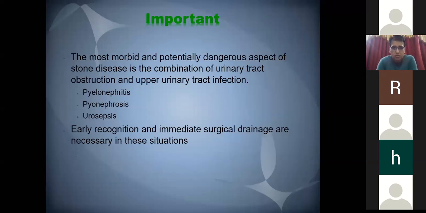What are the problems that usually occur along with a stone? Sometimes a patient presents with acute renal colic but has come a little late and develops pyelonephritis or pyonephrosis along with that. Pyelonephritis is the renal infection; pyonephrosis is when there is abscess formation inside the renal pelvicalyceal system.